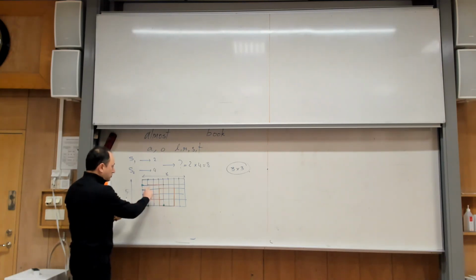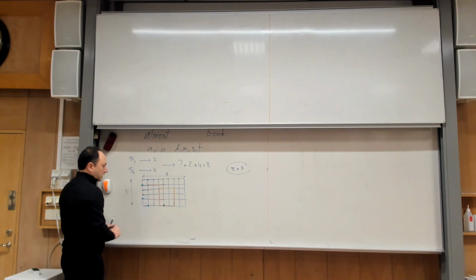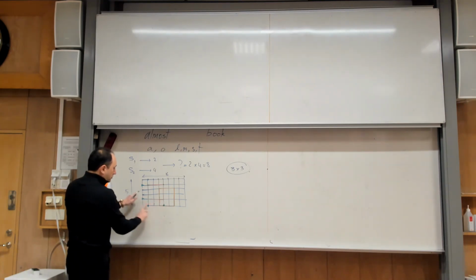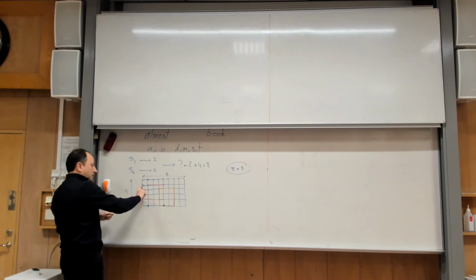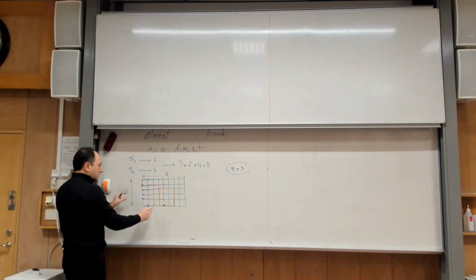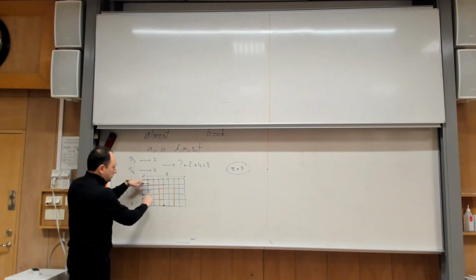Because assume that, for example, if you don't know this red square, I give you a pair of points here and a pair of points here. The distance between this pair is 3 units. The distance between these 2 pairs is also 3 units. Then I draw 2 vertical lines here and 2 horizontal lines from here.